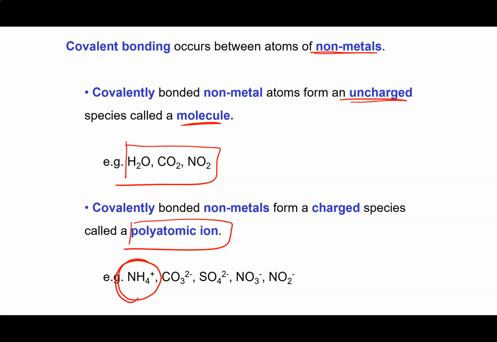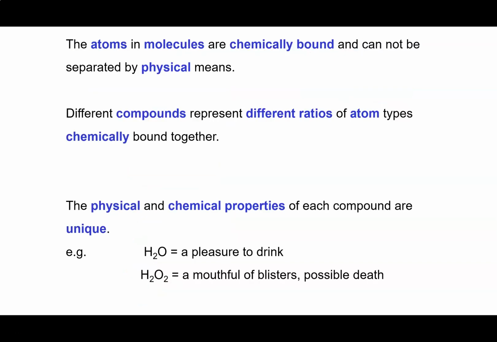But these guys have lost or gained some electrons, so therefore they have a charge. The atoms in these molecules held together via these covalent, also referred to as molecular bonds, are stuck to one another and can't be separated by physical means. You have to use a chemical reaction to separate these atom types.